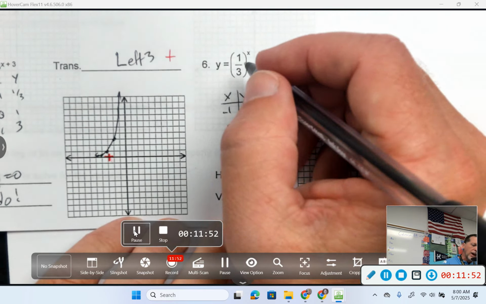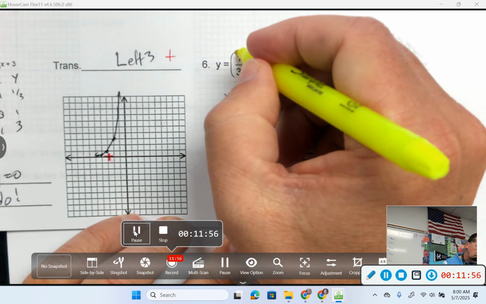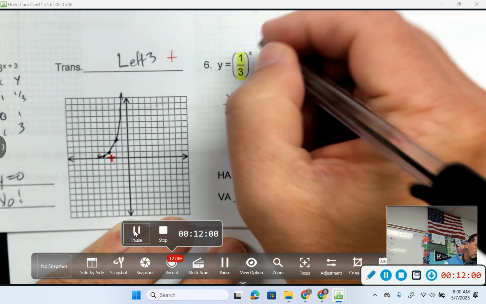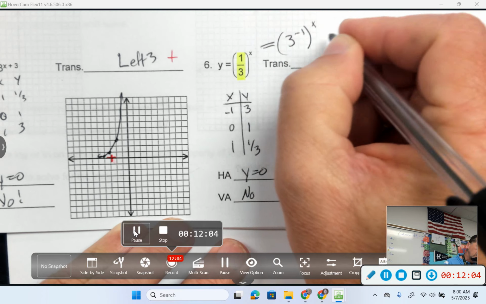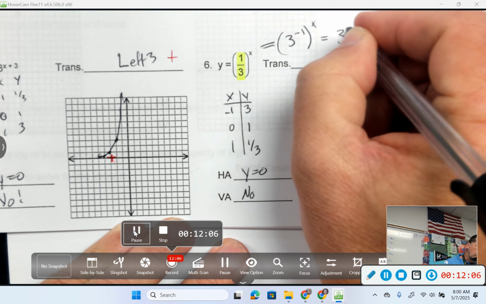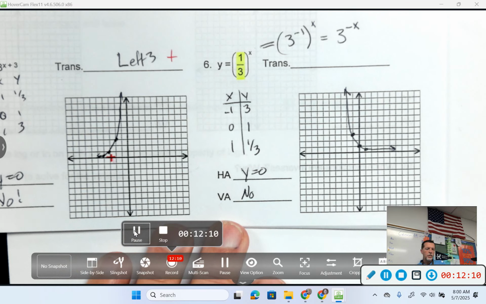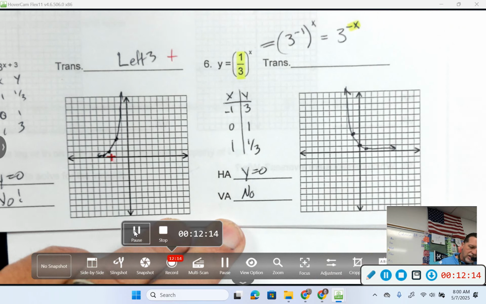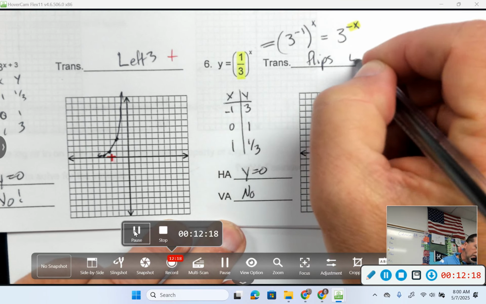What's another way to write 1/3? Here's how the math teacher was going to overcomplicate things. 3 to the -1. So I could have written this as 3 to the -1 to the x, which would be 3 to the -x. And what does a negative on the x do? Flips, but not up and down, flips left and right.